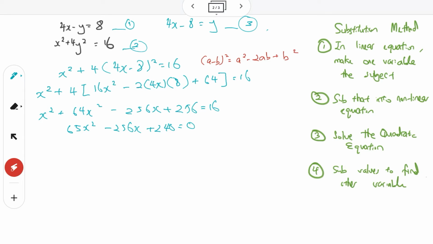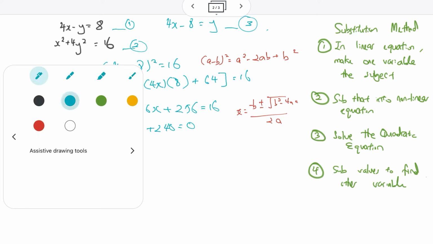And for an understanding of how to solve quadratic equations, do watch our previous video on quadratic equations. For here, I will use the simplest quadratic formula to solve this equation, which is x equals negative b plus or minus the square root of b squared minus 4ac, over 2a. Here, b is negative 256, a is 65, and c is 240.